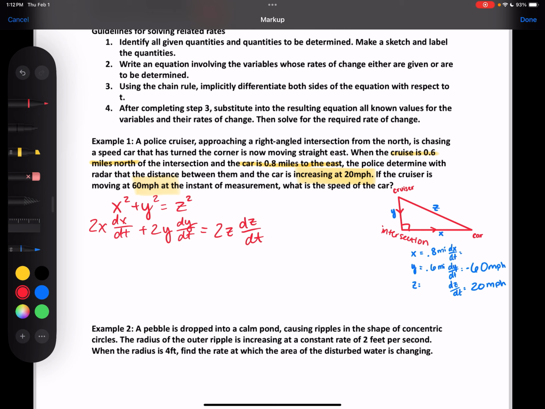So, we are trying to solve for dx/dt. Okay, that's what we're trying to find.